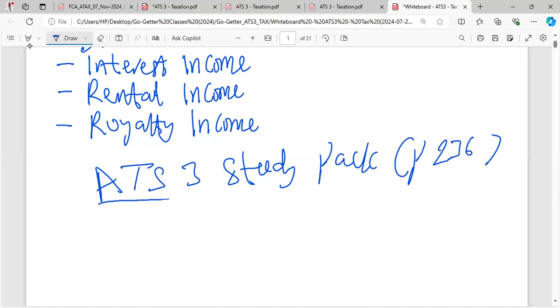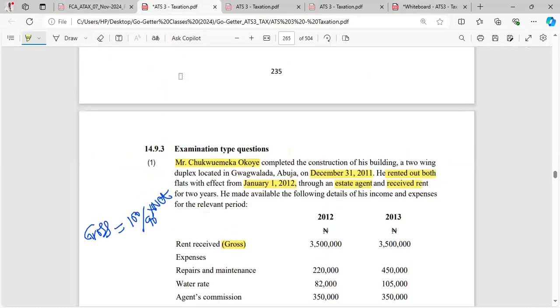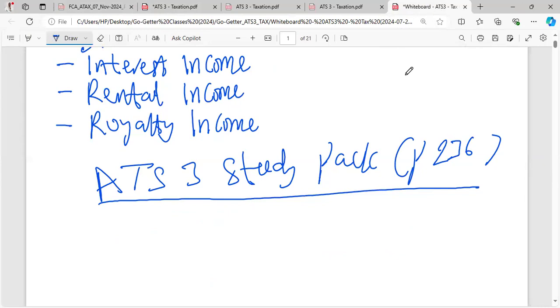Now, this is an exam type question, 14.9.3.